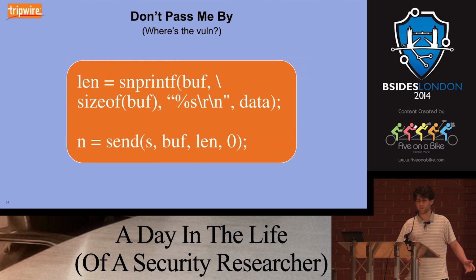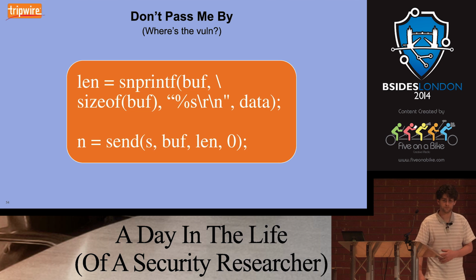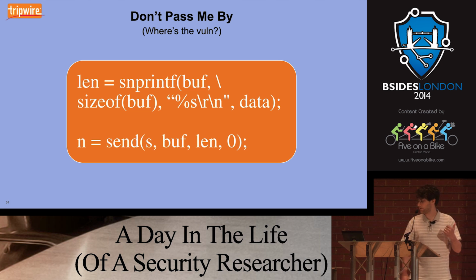So this is a piece of source code. It's kind of C code. Can anybody read it? Can anybody see what's wrong with this? Any hands? What's wrong? Yeah, so no buffer overflow here. Well, it's an snprintf, so if you've got data being longer than buff, it's not going to overflow anything.